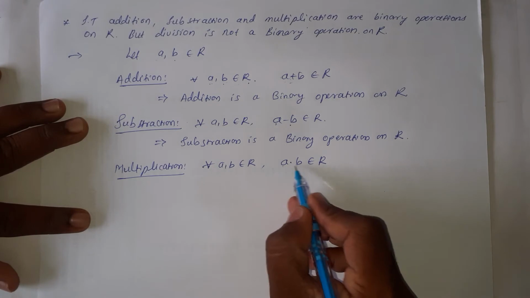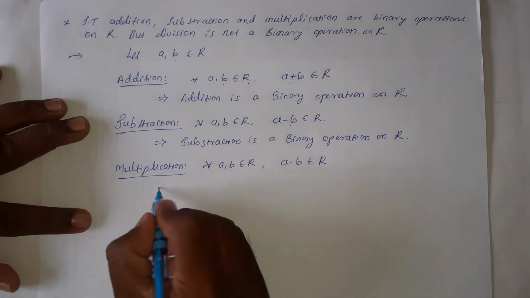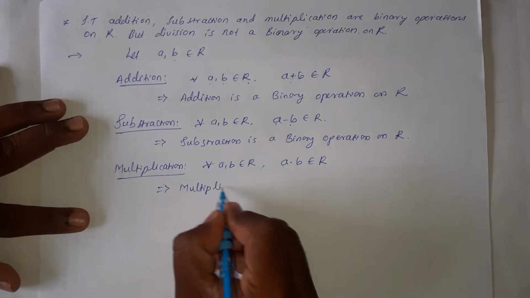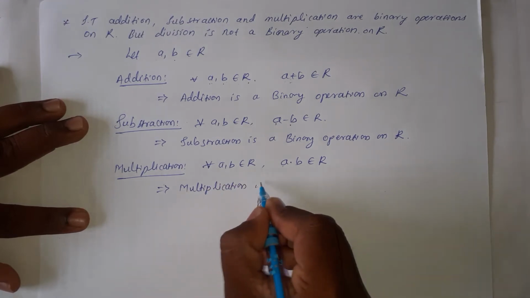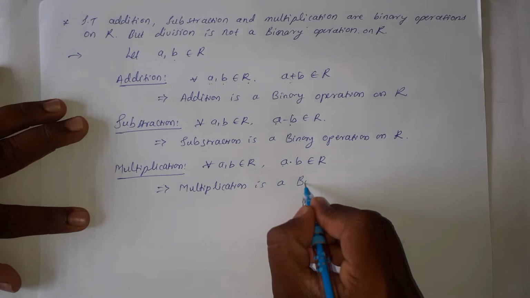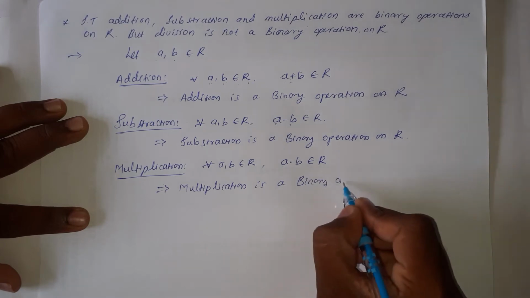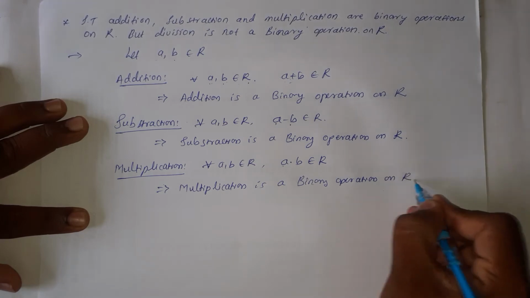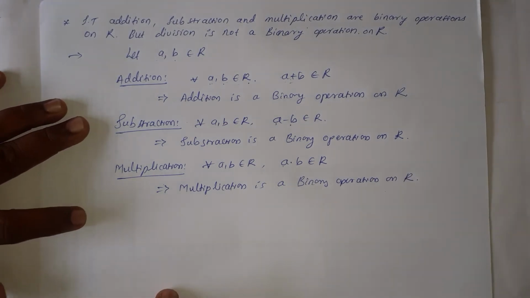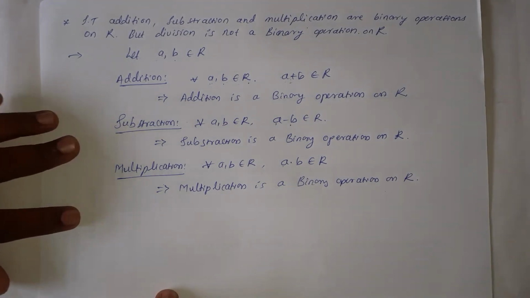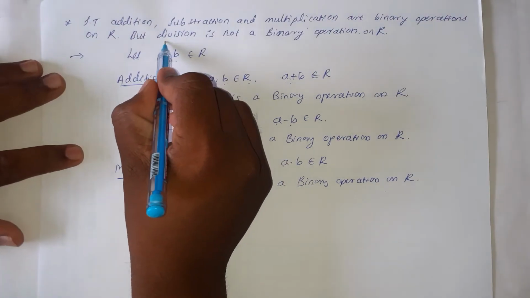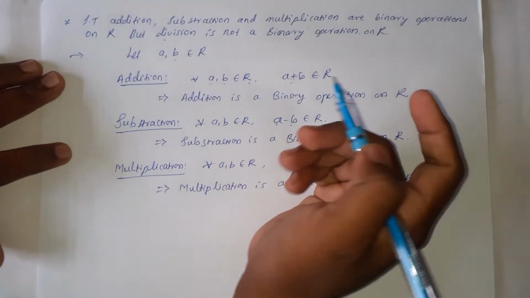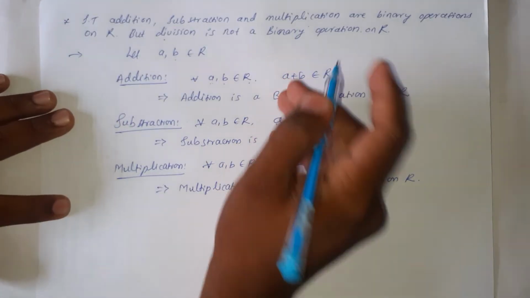Hence a into b belongs to R, and it implies that multiplication is a binary operation on the set of real numbers. And then the last one is division. Here we need to prove that division is not a binary operation on R.